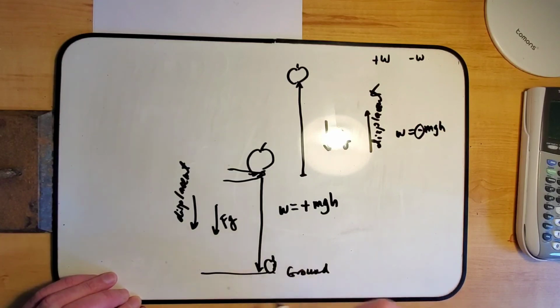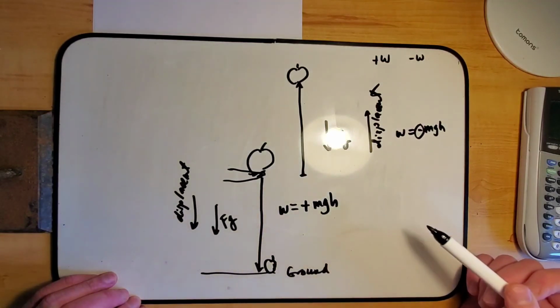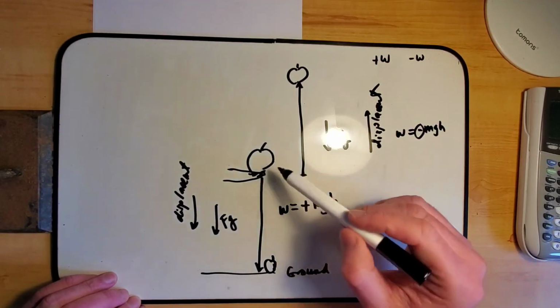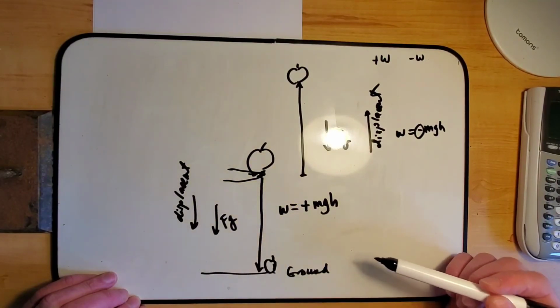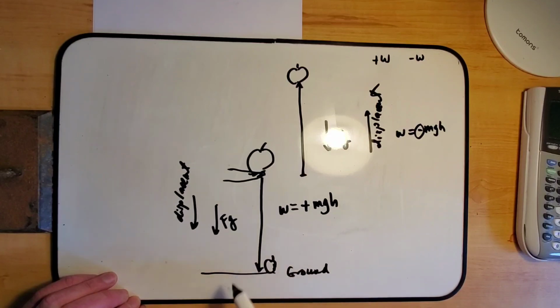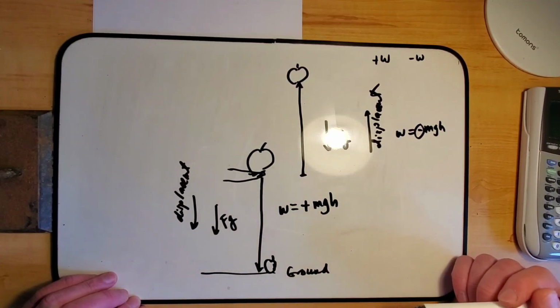Apparently, you will realize that when throwing the apple up or down with the same kinetic energy, you will do much more work when the apple goes downwards. And so in the next video, we're going to do some problem solving.